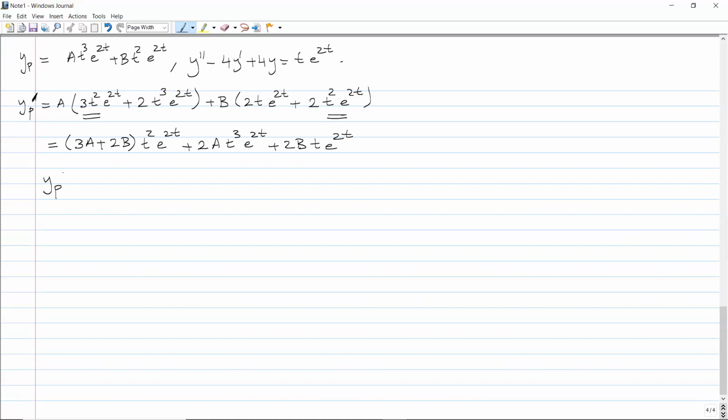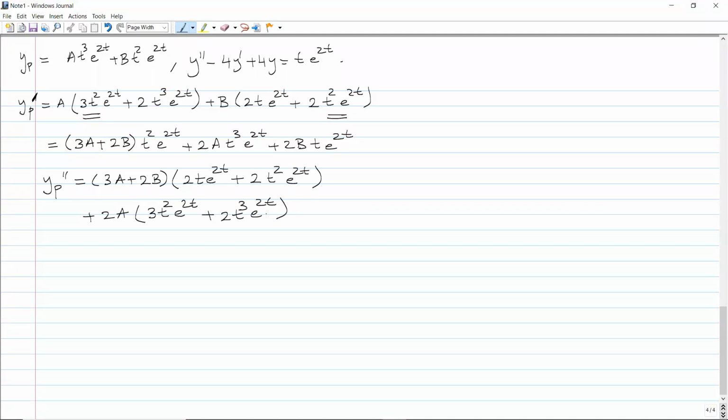For the second derivative, we take the derivative of the first derivative. So 3a plus 2b is constant. Derivative of t squared is 2t e to the 2t plus derivative of e to the 2t is 2 times e to the 2t, plus 2a times derivative of the t cubed is 3t squared, and derivative of e to the 2t is 2 e to the 2t, plus 2b times derivative of t is 1 plus derivative of e to the 2t is 2 e to the 2t.